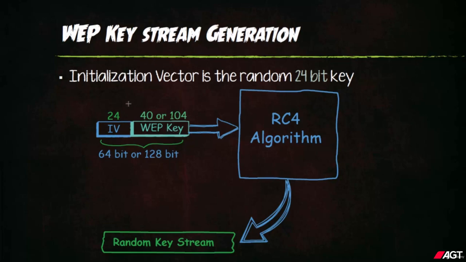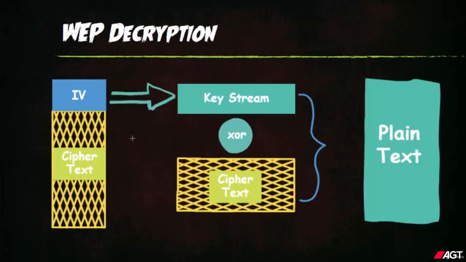Using the same algorithm and the same IV, it can generate the random key stream again, and it will be the same key stream because of the IV, right? Then using this key stream, we again perform the XOR operation so that we get the plain text, right? So this is how WEP works.